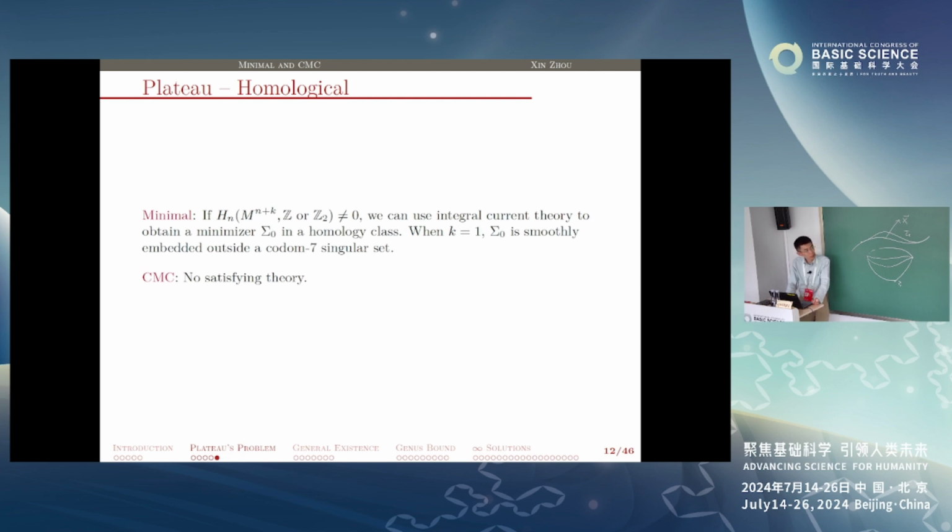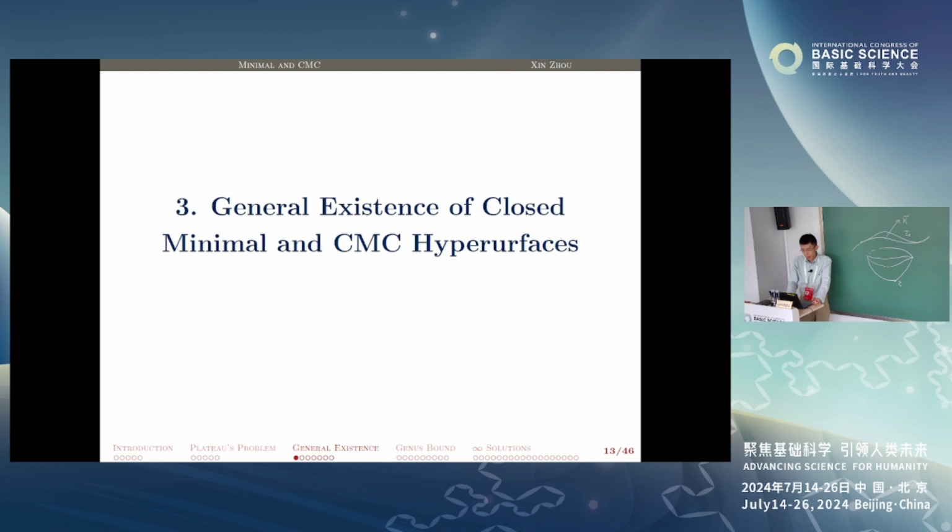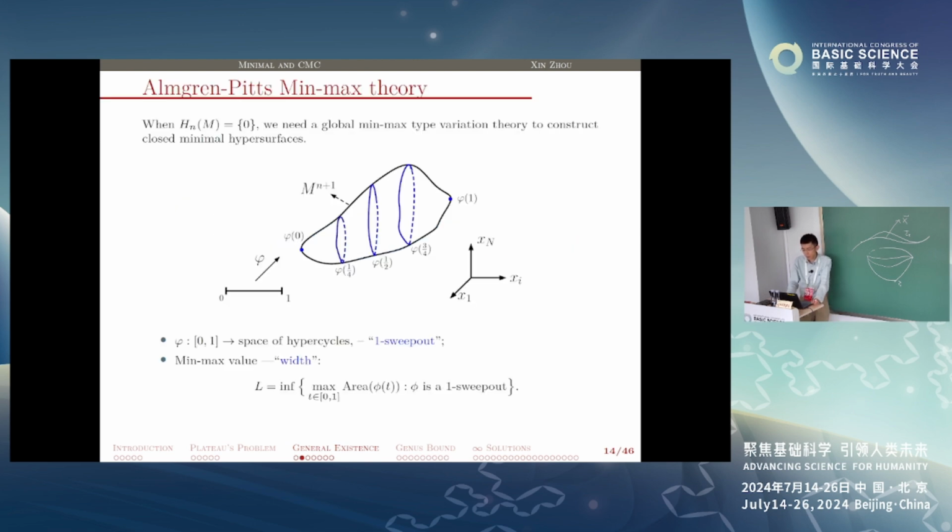These are what I want to talk about, the Plateau problem, either with a fixed boundary or within a homology class. And the feature is that we want to minimize the energy or the area. And then we want to talk about the general existence, by which I mean, without assuming any topological restriction on the ambient manifold, can we still find interesting solutions of these two types of surfaces?